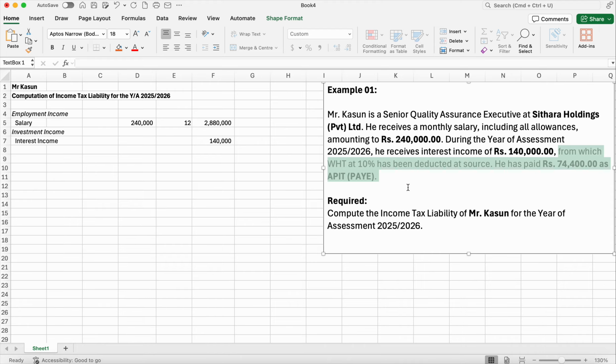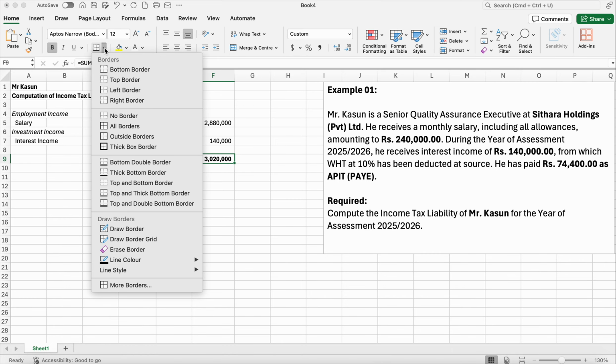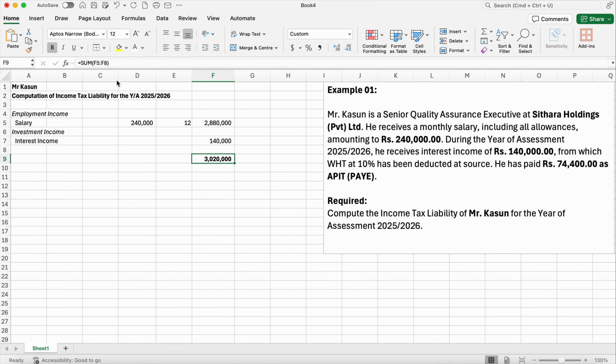Then the total income, salary and interest, when we take the total of these two, we can call it total assessable income, or the assessable income, that's fine.